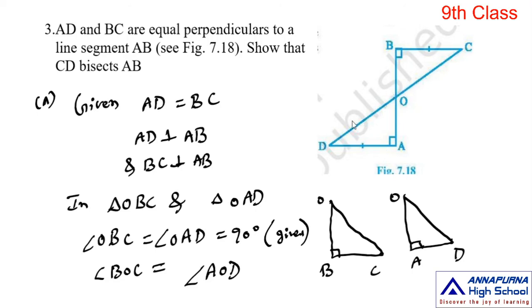So angle BOC and angle AOD are vertically opposite angles, so equal. VOA means vertically opposite angles.